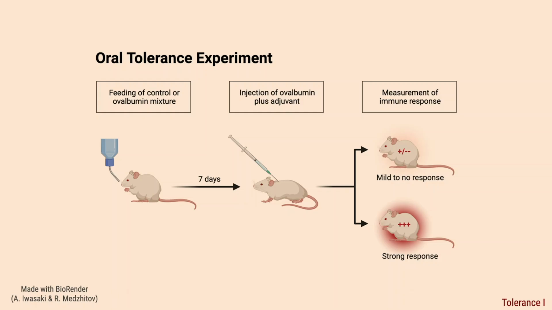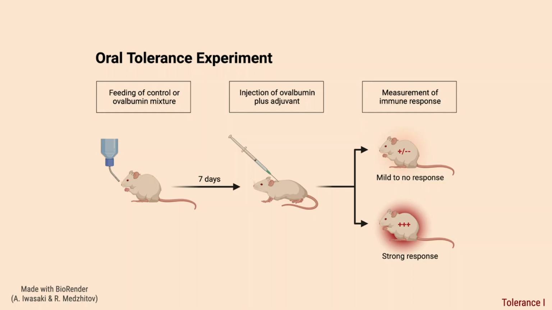Nelson Vaz, who is Brazilian but was in the US, in fact, he was my undergrad advisor, did this experiment in the 70s which became very important for the field later on. It's an oral tolerance experiment.